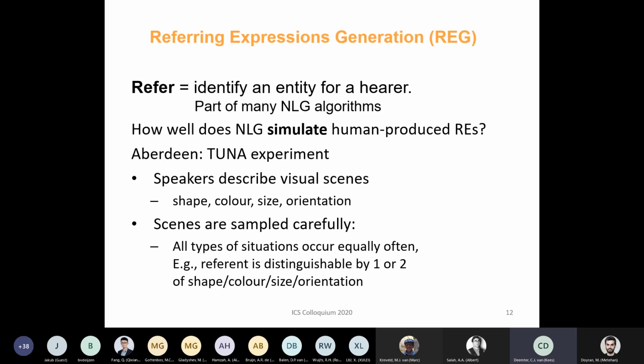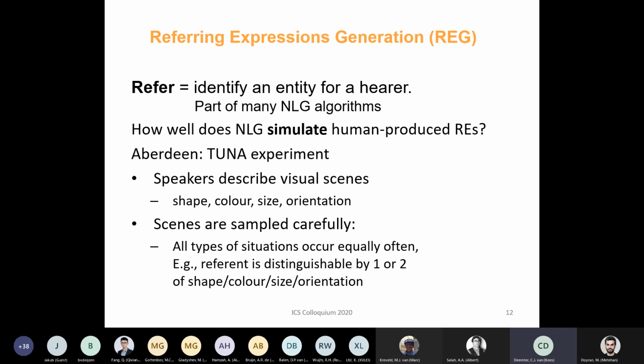What we did is we showed people visual scenes in which we carefully manipulated their properties, their shape, their color, their size, their orientation, making it very balanced, right?